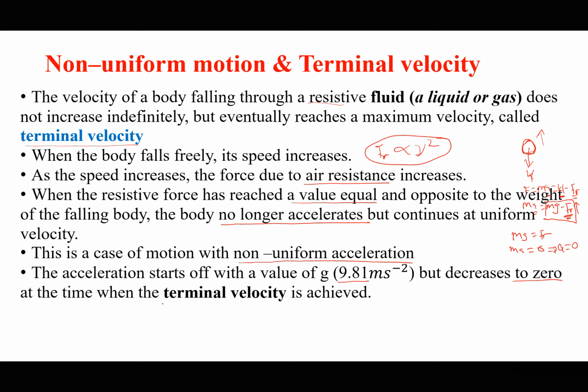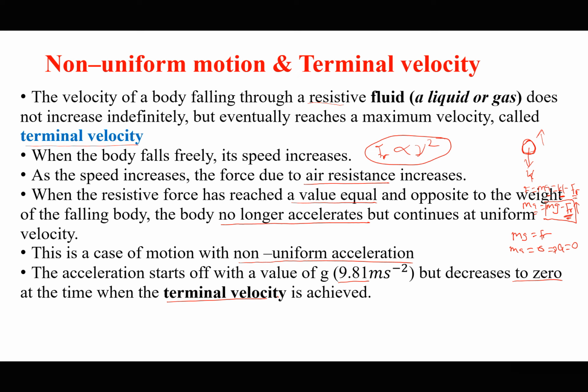When we reach terminal velocity, the acceleration has decreased from 9.81 to zero. When we talk about uniform motion, the acceleration would remain 9.81 throughout the motion. So this one is called non-uniform motion or non-uniform acceleration because the acceleration is decreasing until it becomes zero.